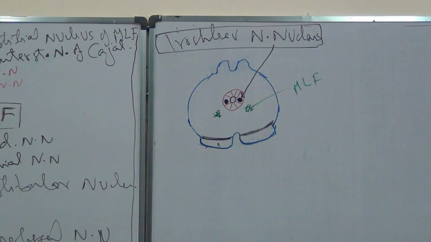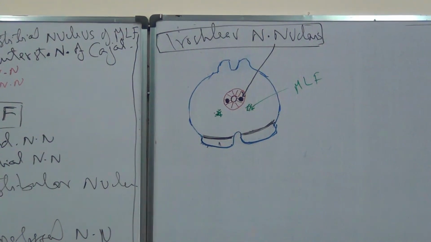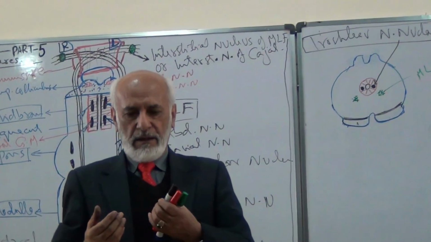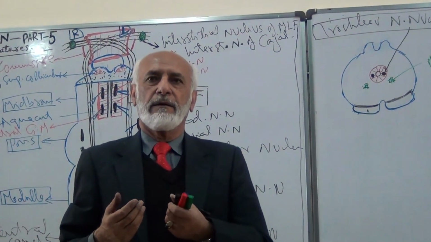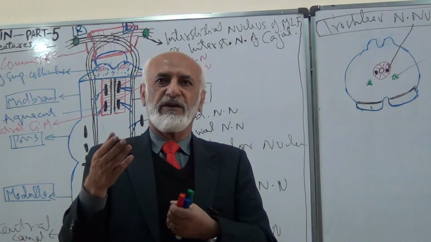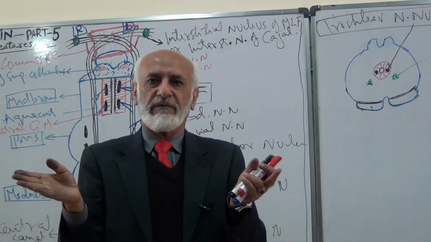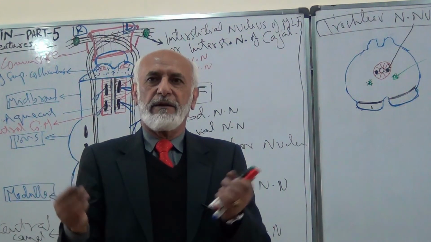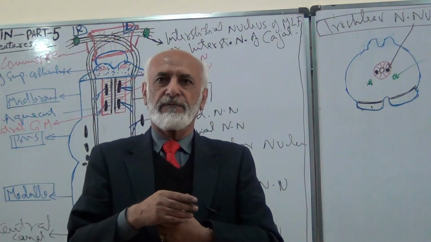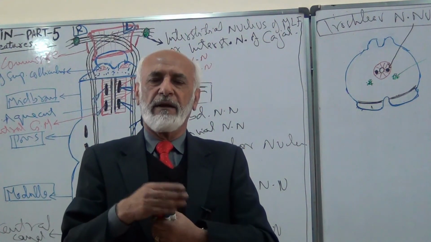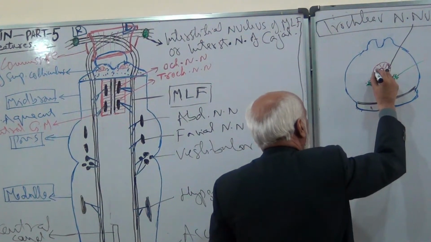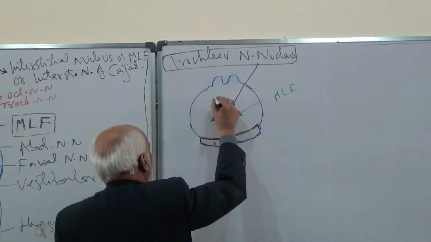Now, the fibers of the trochlear nerve nucleus run backwards instead of forward. All the cranial nerve nuclei run forwards or anterolaterally and attach to the anterior or anterolateral aspect of the brain. The trochlear nerve is the only cranial nerve which, instead of running forward within the midbrain, runs backwards. So right and left trochlear nerves run backwards.